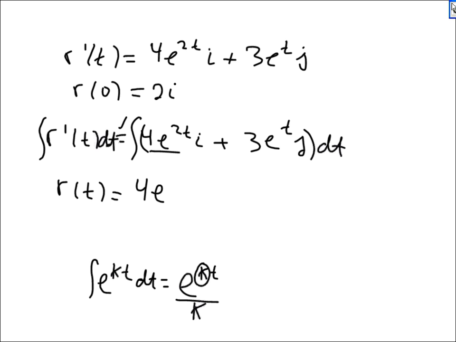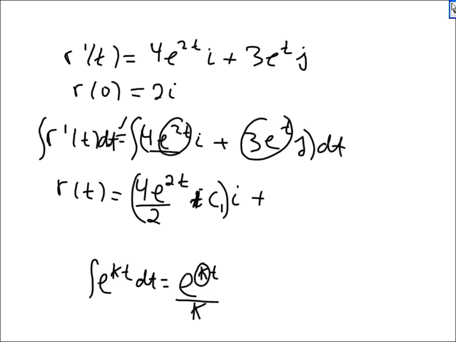So you get 4 times the integral, which is e to the 2t divided by 2, plus c1 in the i direction, plus the integral of 3e to the t, where we can factor out the 3, which is 3e to the t divided by 1, plus c2.